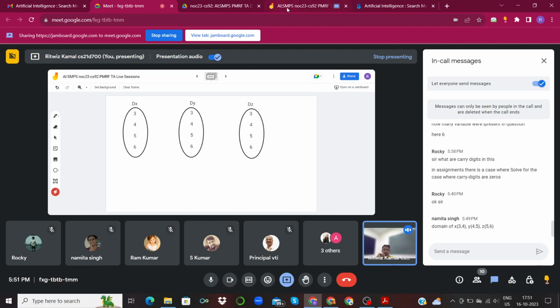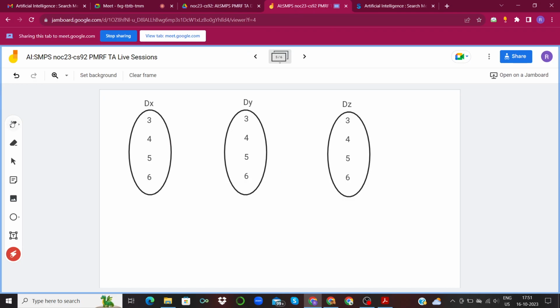And the next thing that we can do is make arrows to mark the constraints or the relationships between the different variables. So if you remember, the first relationship was x has to be less than y, right? So we will link each of these numbers to the corresponding numbers in the domain of y that satisfy this constraint.